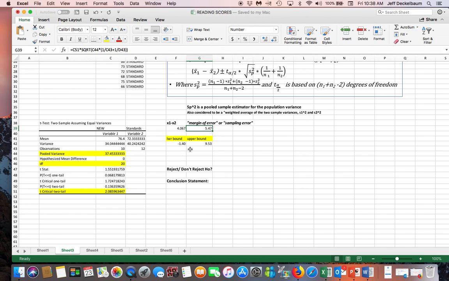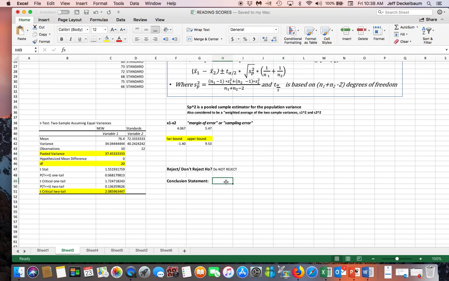So the fact that we have a negative to positive range means that it encompasses the 0 point, which says we do not reject the null hypothesis because the confidence interval includes 0.